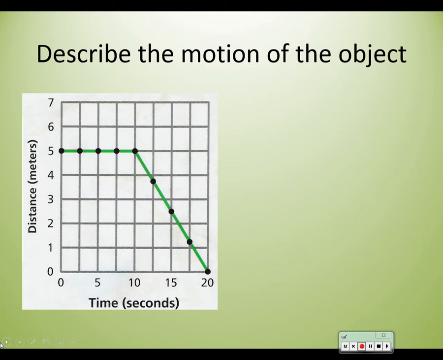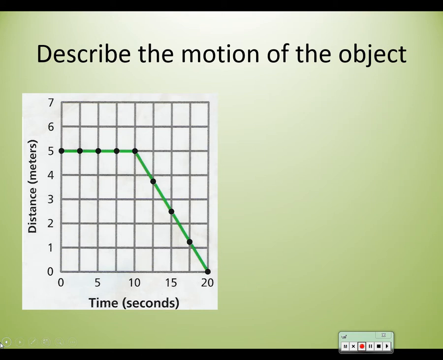It is a negative slope. Is it constant? Yes. It's moving with a constant velocity, but it is a constant negative velocity, right? Negative velocity, Julia, what does the negative on the velocity tell us?